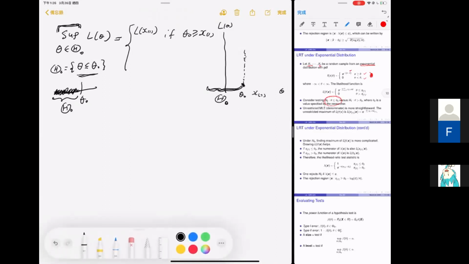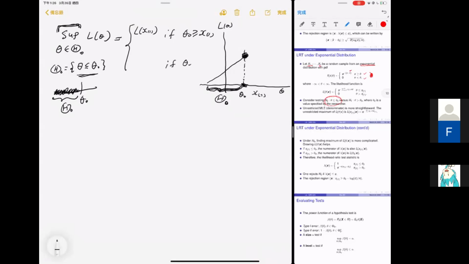Your likelihood function would only look like this, increasing until this point, which is the null space. Which one is the MLE? This guy is my MLE. If theta 0 is smaller than x1, the MLE is theta 0. They are different.